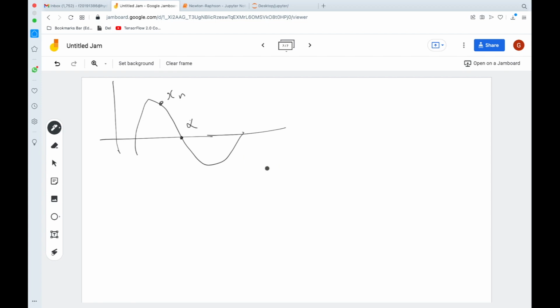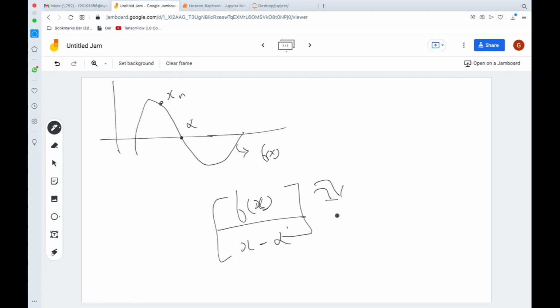And then if this is function f(x), to find the other roots, we can divide the function by x minus alpha and again perform Newton-Raphson's method on this function to get this value beta.